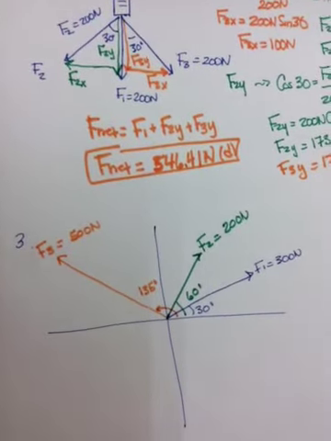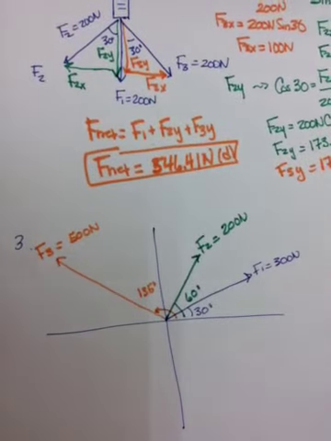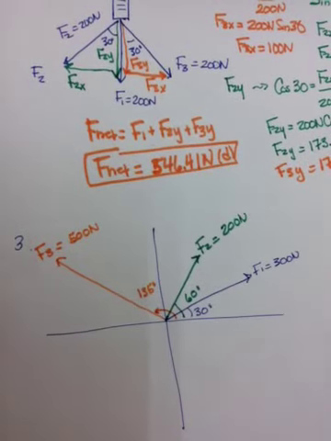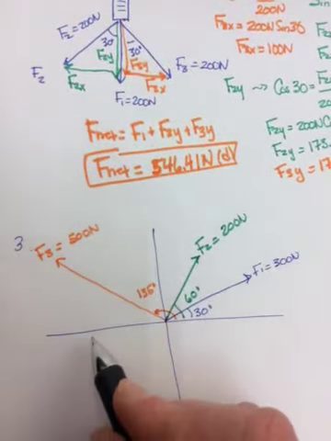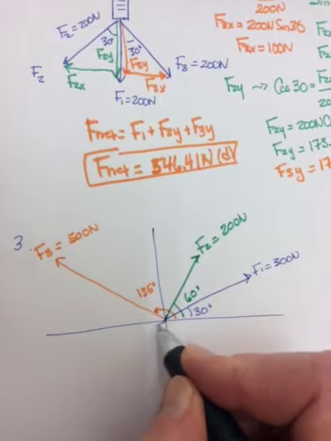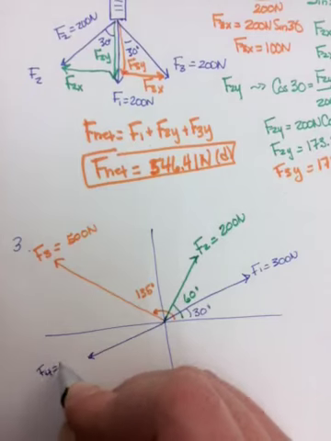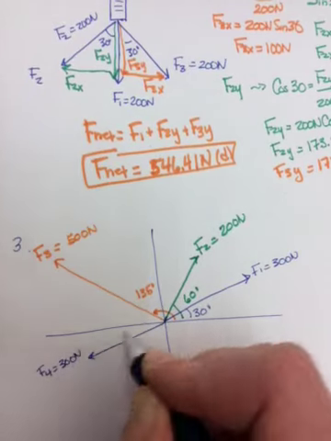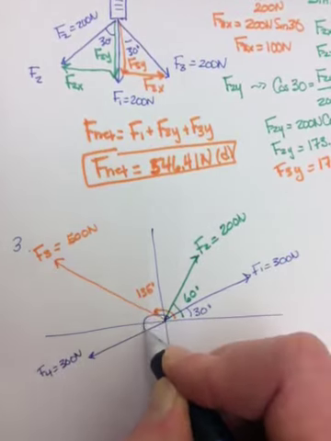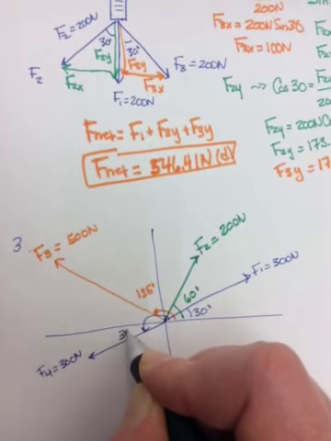Now I'm out of colors, so I need to go back to blue, which says force 4 is 300 newtons acting at 210. Well, this line is 180, so 210 is going to be down here. So this is F4. It equals 300 newtons. And this whole thing is 210, which means this one's 30.